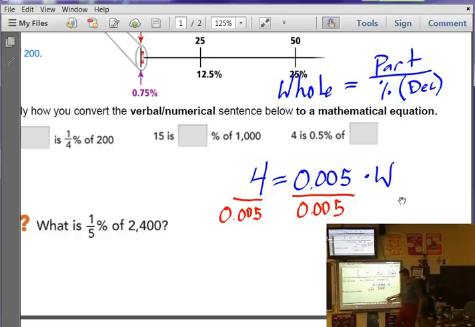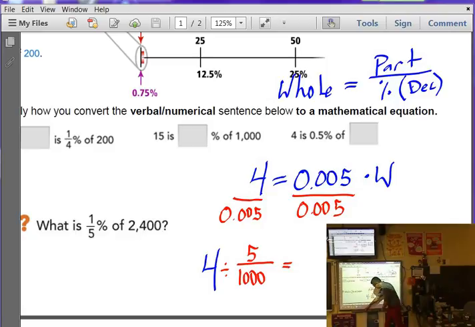Because actually, if you want to go back to last chapter, this would be 4 divided by 5 thousandths, because this is in the thousandths place. Then I keep change flip. This becomes 4 times 1,000 over 5, and I get 4,000 over 5, which is 800.